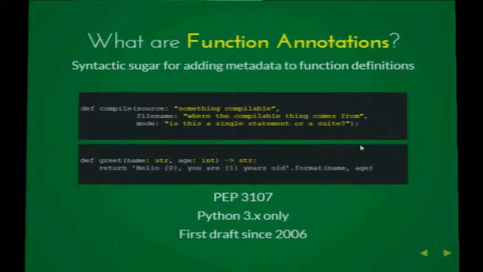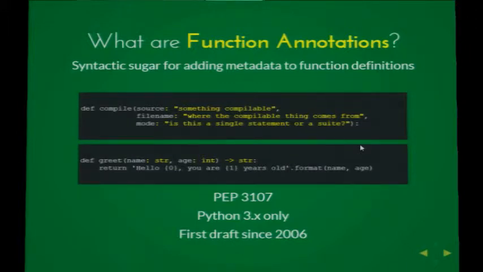Annotations are just small metadata or expressions that you could add to a function definition in Python. In this case, for example, the compile function here can have some strings that describe, like in some sort of documentation, what those arguments are. The cool thing about annotations in Python is that they can be any arbitrary Python expression.